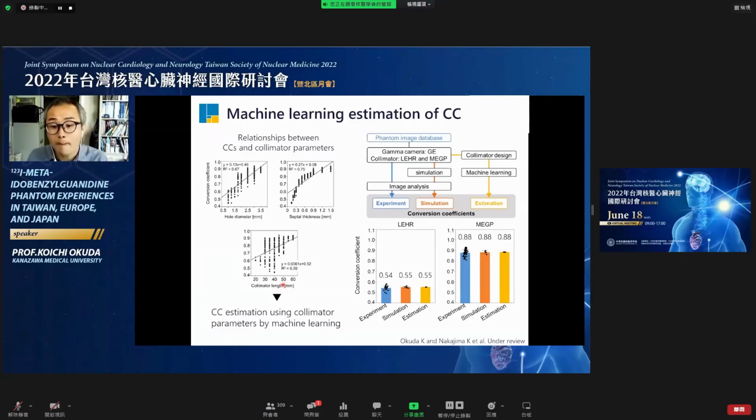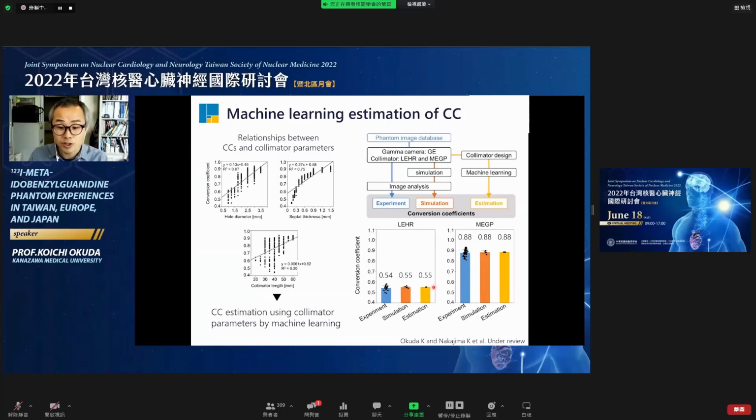To confirm machine learning estimated conversion coefficients, these were compared with experimental and simulated conversion coefficients.